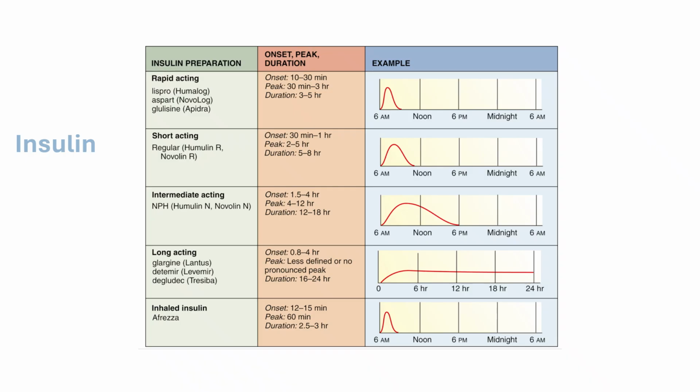It seems like a higher dosage, but they just kind of lay out there in the background and take care of things. It's not as fast of an onset. So you'll see oftentimes that patients have long acting and a short acting or a rapid acting insulin as part of their medication regimen.